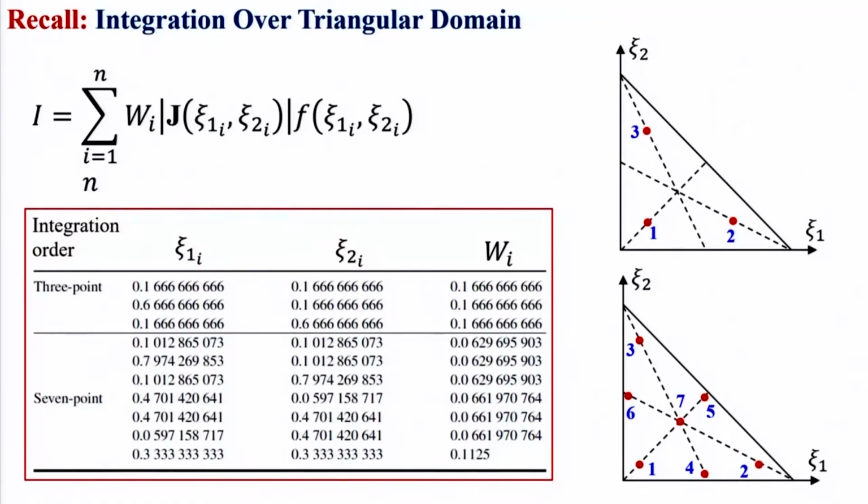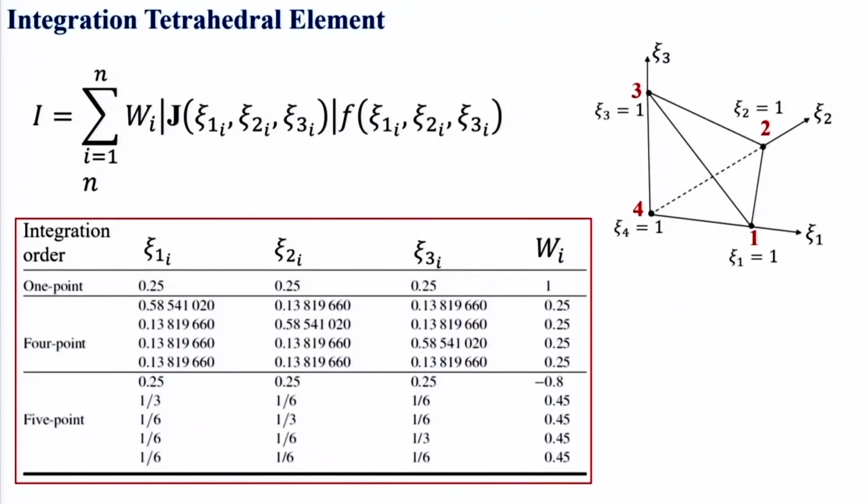Now we also know how to write this integration over a triangular domain. This is how the integration is performed, and it is again the same, where xi1 and so on are Gauss points, integration points. The same concept can be extended to the tetrahedral domain. This is the integration over the tetrahedral element. Now xi1, xi2, xi3 and xi4 are the area coordinates we had seen.